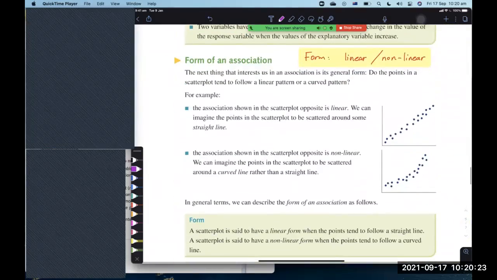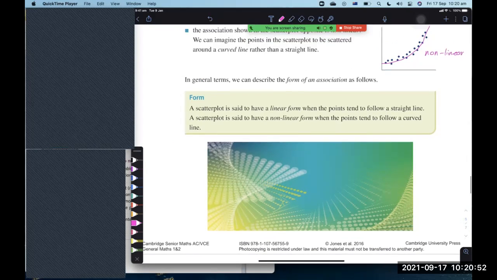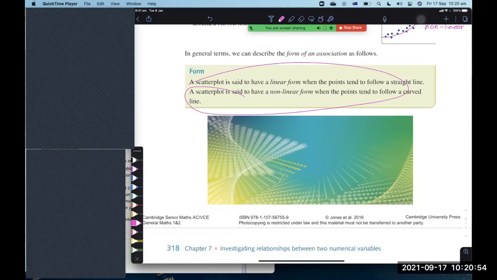Now we're just going into detail of each topic. This one here, you can see it's a straight line. So we say that it's linear. Whereas this one here, you can see it following a curve. It's still following a pattern. However, it's not a straight line. So we say it's non-linear. So that talks about the form. That's a little summary there.